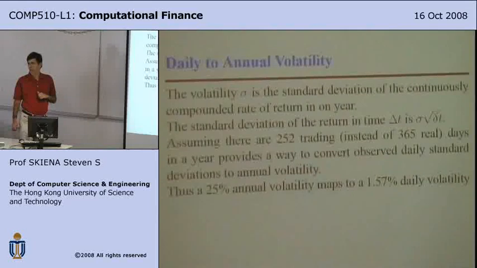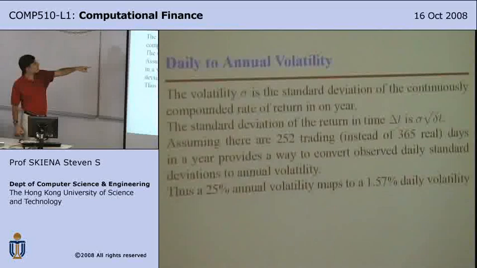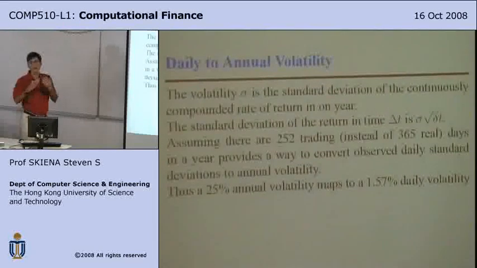Given that, you can compute the standard deviation of these numbers. That would give you the daily volatility. By using this expression, that the standard deviation over time delta t is sigma times the square root of delta t, that gives us a way to move back and forth between a daily volatility and an annual volatility. Does that make sense on some cosmic level?